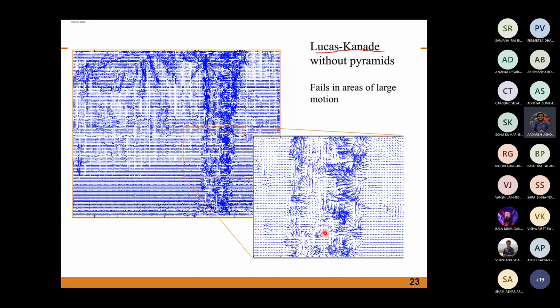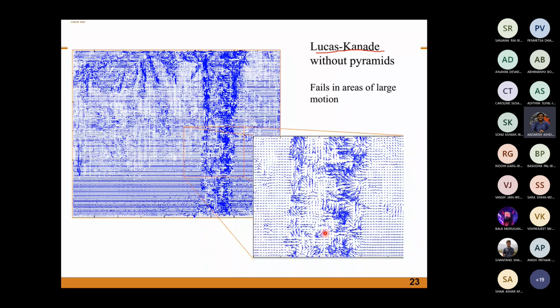So in the Lucas and Kanade algorithm, we are assuming a 3 by 3 neighborhood, and we are trying to determine the displacement of the pixels by considering just a 3 by 3 neighborhood. But in the video sequence, the displacement of the tree bark was too fast, in the sense that the displacement between the two frames is more than the 3 by 3 pixel neighborhood we have considered.